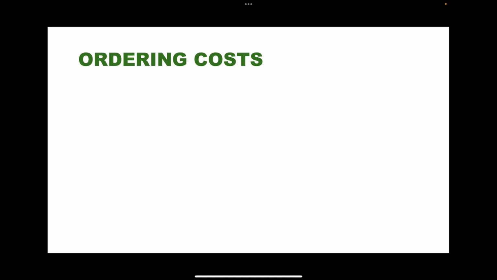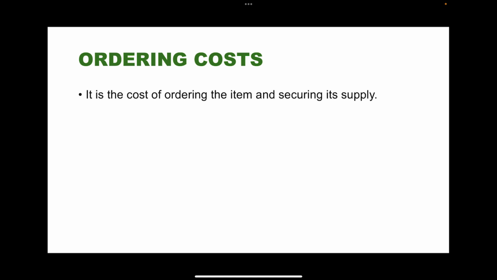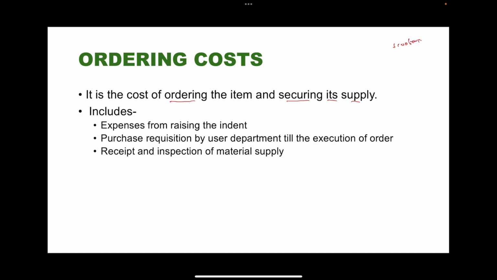So first let us see ordering cost in detail. It is the cost of ordering the item and securing its supply. In our example, we were ordering the scooters from the manufacturer. That includes expenses from raising the indent. So whenever you are making a purchase order, there is a cost associated with that.